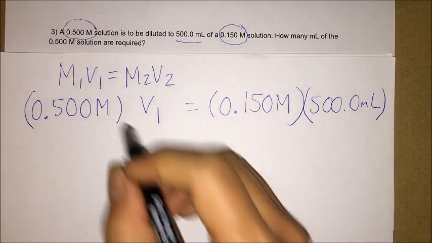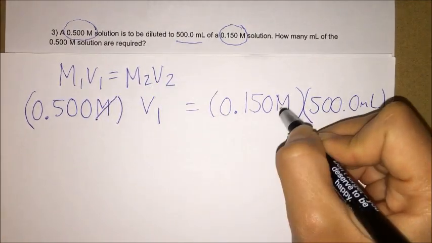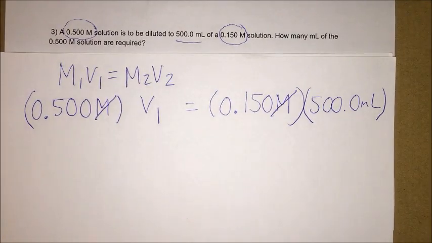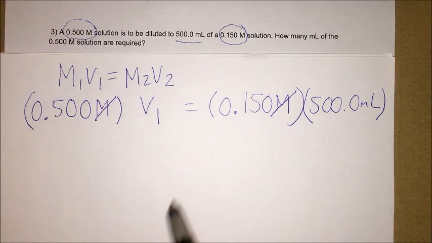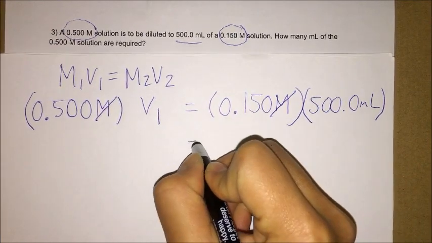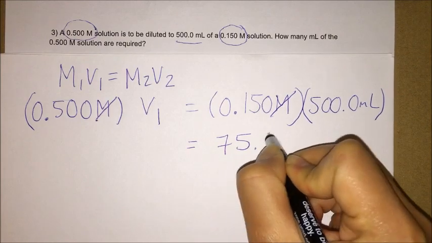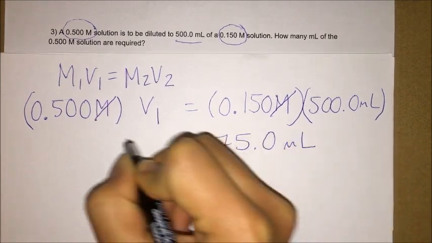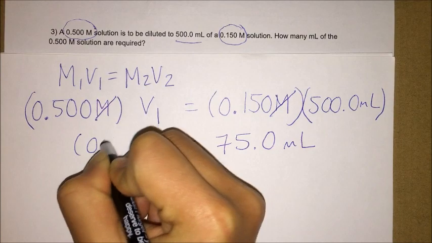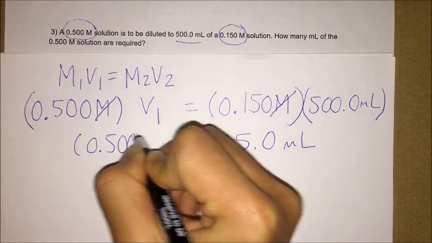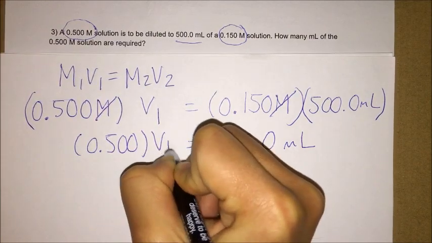So before we begin, we'll notice that the molarities cancel out. If you multiply the right side first, you will get 75 milliliters, and on the left side is still 0.500 times V1.